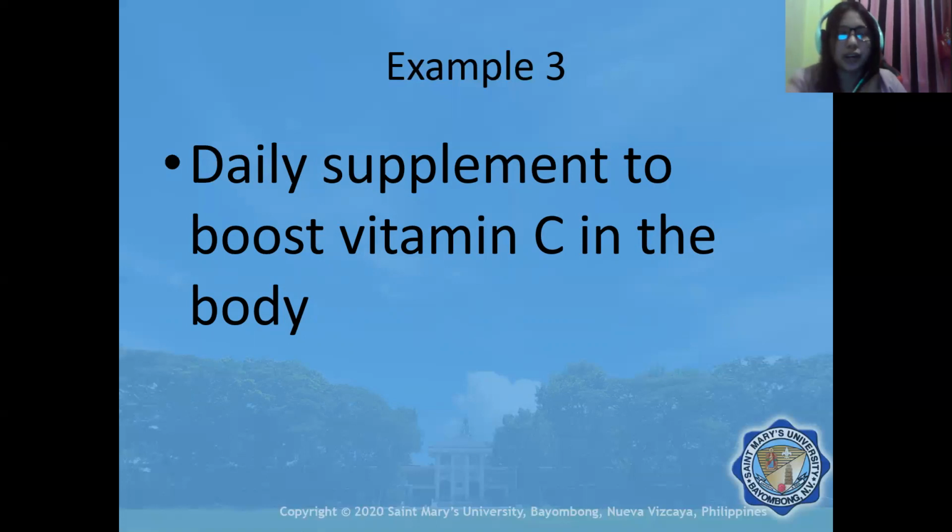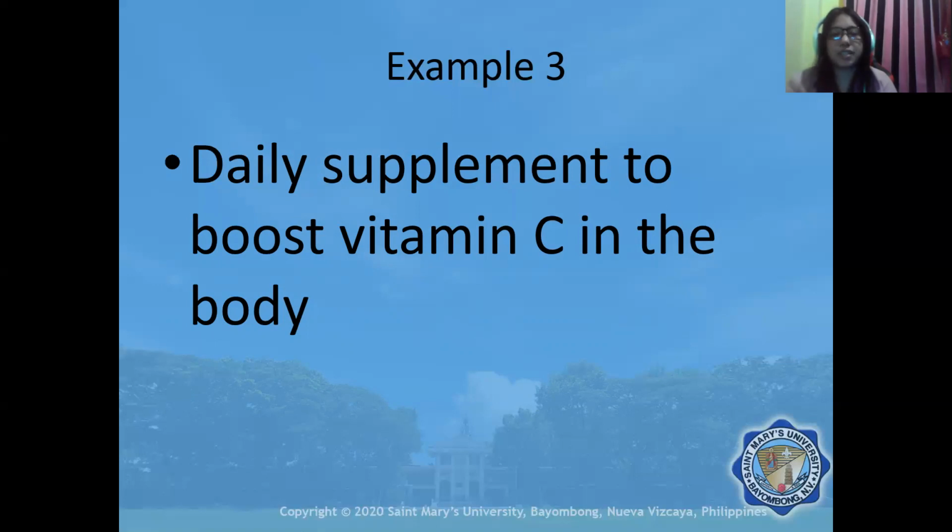While if the statement is that there is no significant increase or decrease in the vitamin C in the body using the different types of supplement, or supplement A does not significantly differ from supplement B, then that is a statistical null hypothesis.